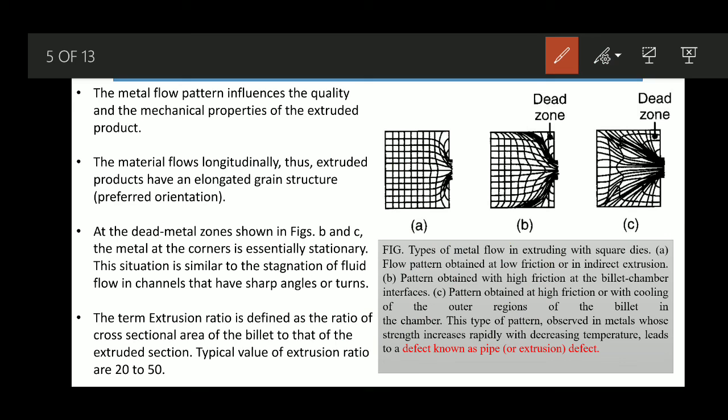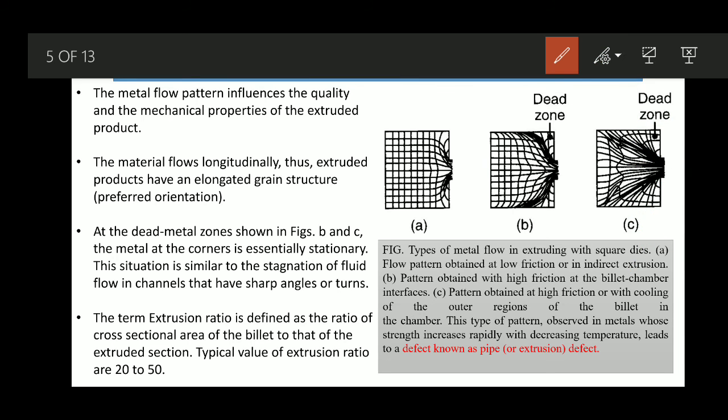Now if you look at the second and third figures, you can see a particular zone. In the first case, the metal from all zones is trying to come out of the opening, but here you can very distinctly see certain zones, similarly here, where the metal is not flowing through. All the deformation is happening like this, and this portion is coming out.